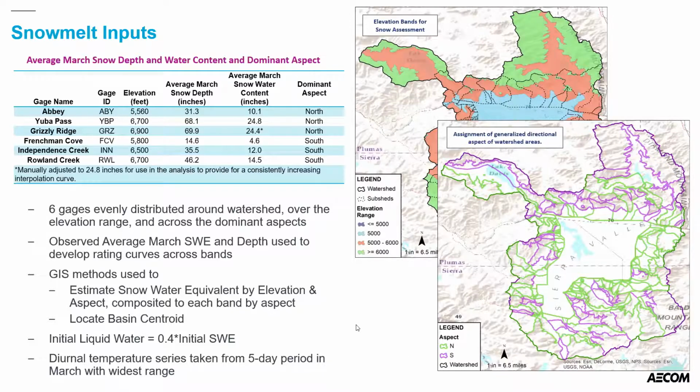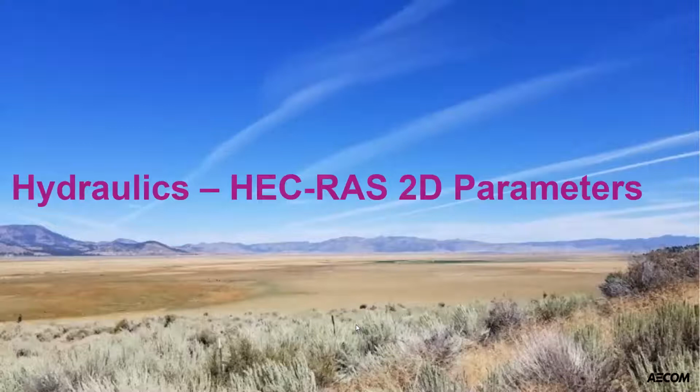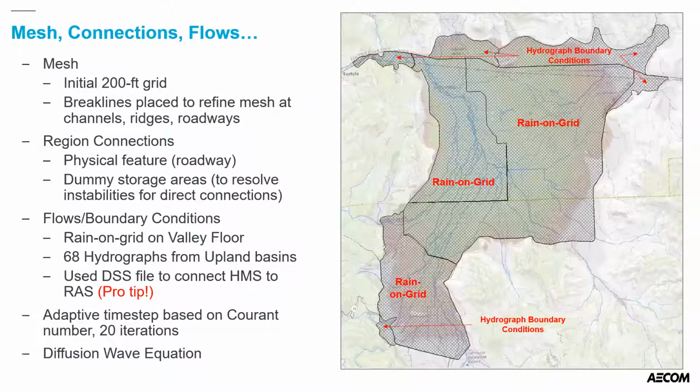Then we needed to look at our RAS model to route valley flows. So we have our domain for the RAS model. As you can see here, we have 8 different sub-regions in that domain. 5 of them receive inflow from the upland basins, the hydrographic boundary conditions shown on this figure. 3 of them, the valley floor, receive rain-on-grid inputs.